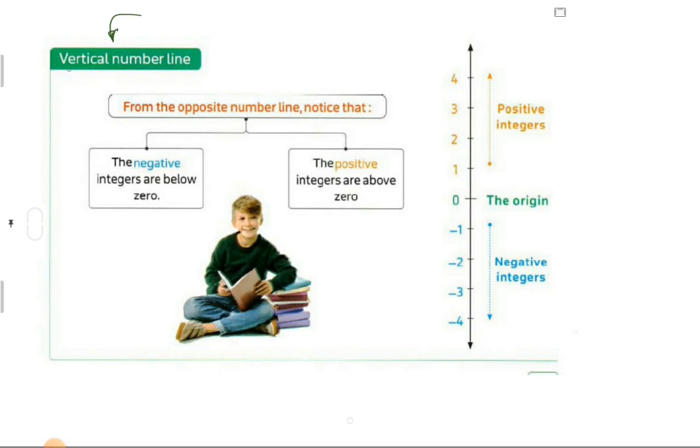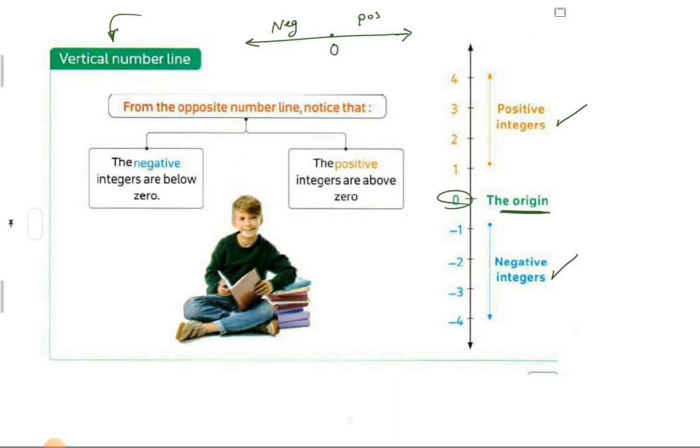Next, we are now talking about the vertical number line. It is the same idea. Previously we learned about the horizontal number line. We have the origin, the positive, and here the negative, right? Now we draw it vertically like that, putting the origin in between the positive and the negative integers.